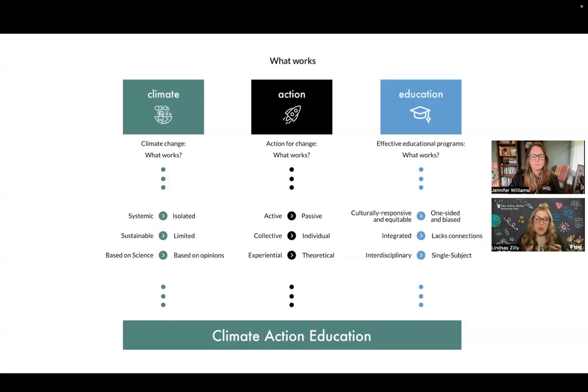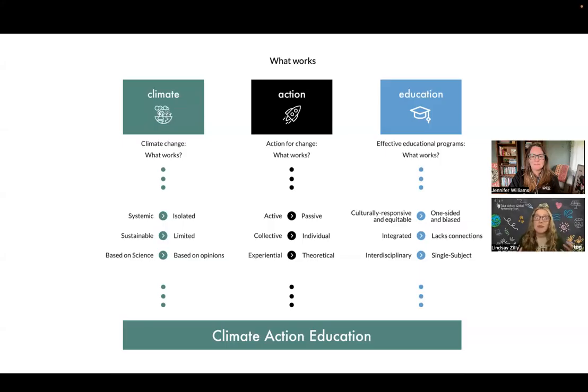So this interdisciplinary approach helps it not be that checkbox, and helps students better understand that it is something that can be taught in reading, in math, in writing, and sustainable throughout their entire school day. Lastly, what's working for action for change is something that is active versus passive, something that gets your students up and moving and experiential.